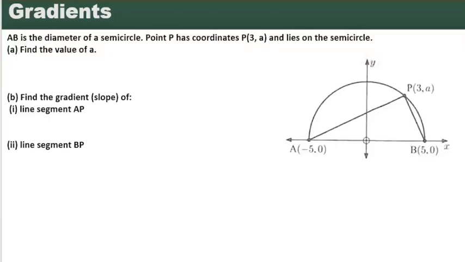For any semicircle, we know the angle subtended at the circumference by the diameter would be 90 degrees.